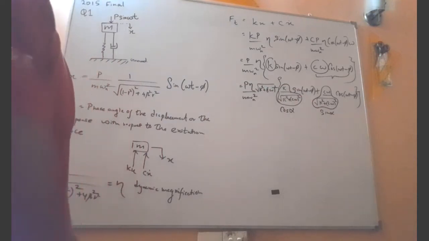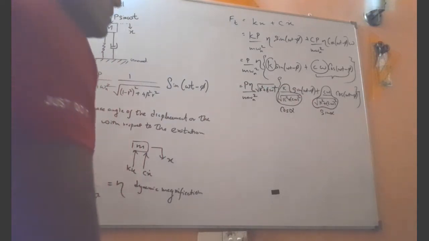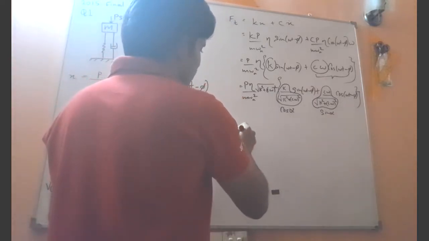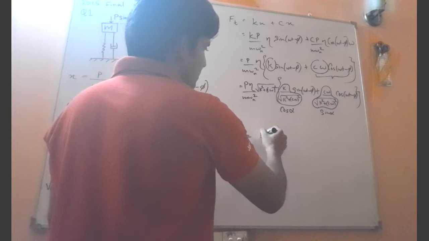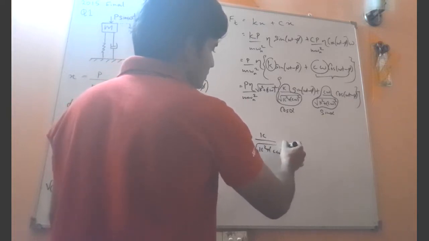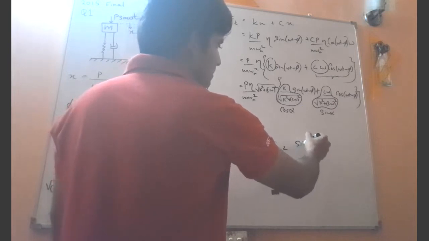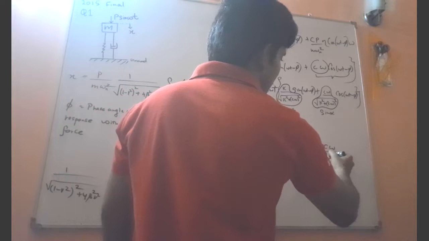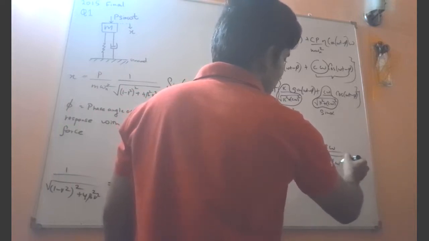Okay, so is it okay now? So that means basically cos alpha equals k divided by the square root of k squared plus c omega whole thing squared, while sin alpha is considered as c omega divided by the square root of k squared plus c omega whole thing squared.